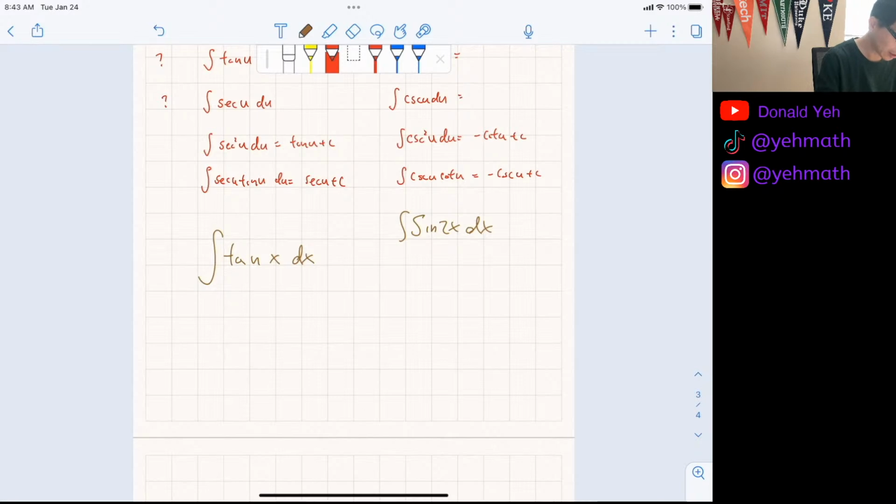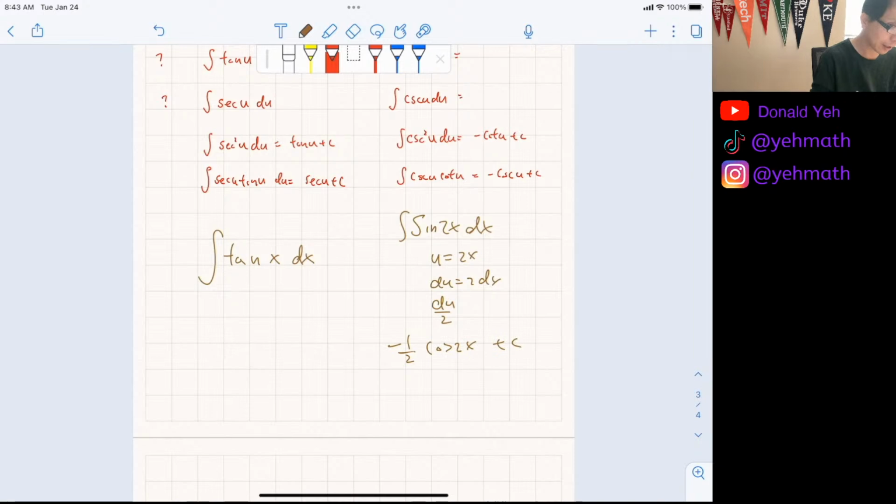That's a misconception, and it's not the right answer on a test. What you're supposed to do is let u equal 2x, du equal 2 dx, so dx is du over 2, so it's actually negative 1/2 of cosine of 2x plus c.